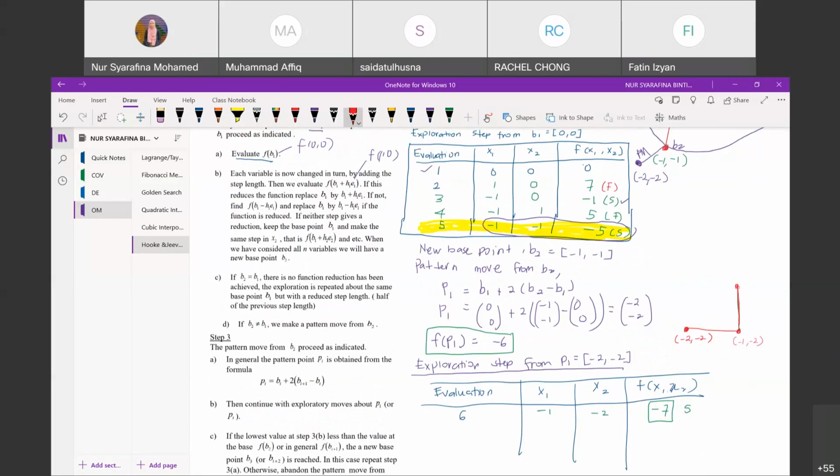So what is our next evaluation point? Minus 1, minus 1. What is our function value? Minus 5. So is this fail or success?